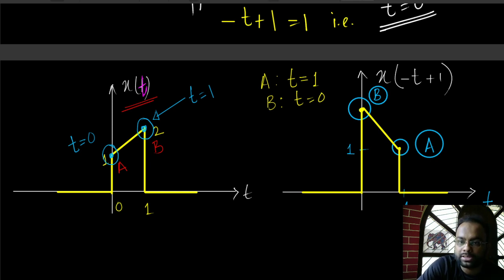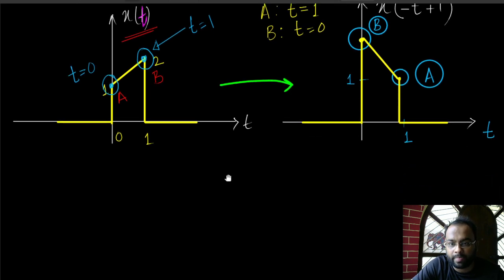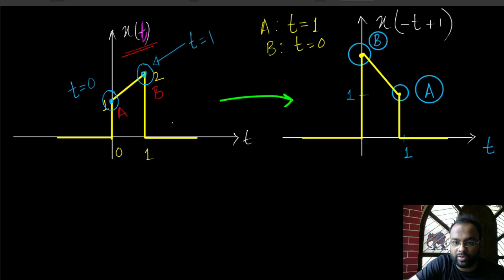So this is how we got from x(t) to x(minus t plus 1). But can anybody tell me what are the operations that actually happened inherently here? So from this we got this, right? We are trying to figure out x(minus t plus 1).